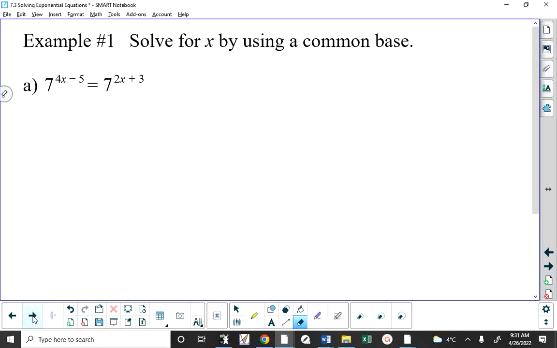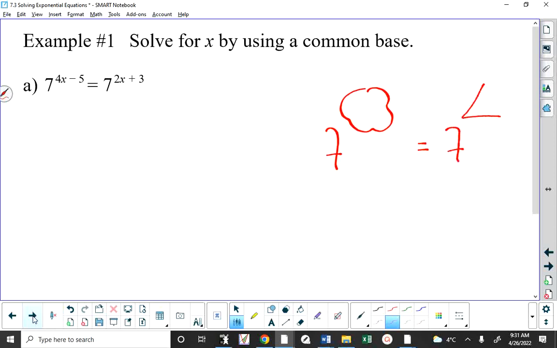To solve this, we're using logic here, we're not performing an algebraic operation. We're saying if 7 raised to a particular thing is equal to 7 raised to an apparently different looking thing, the only way those two things can be equal is if the exponents are equal.